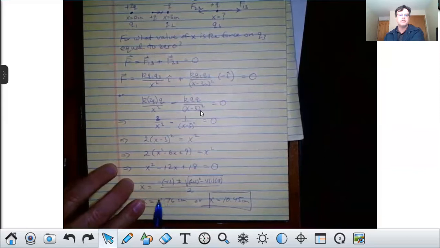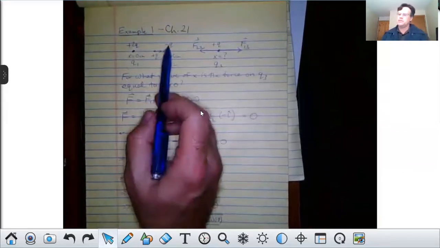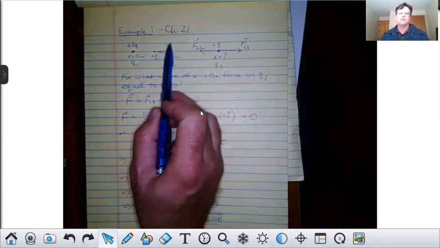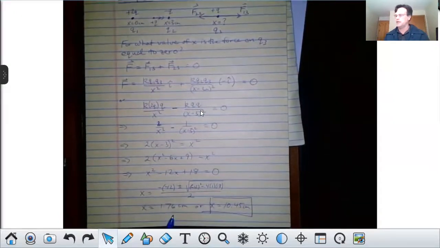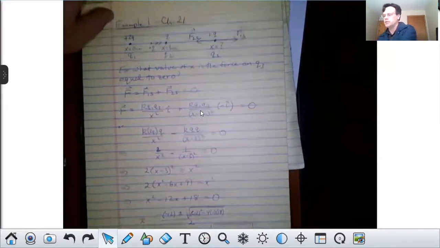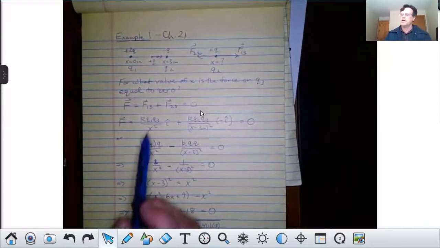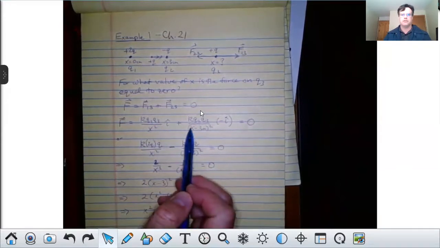Physically speaking, 1.76 cannot correspond to the correct answer for these signs of the charges. If I did change this to a plus Q, the 1.76 would be my correct answer. But in either case, you can see what I'm doing when I calculate the force on a charge: I just add up the Coulomb forces from the other charges.